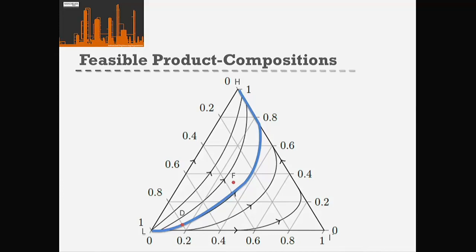And we can also say our bottom product must also lie on a straight line that passes from the distillate through the feed. So where that straight line meets that residue curve, we can define our bottom product. So that very simply allows us to draw our distillation column, and if we have a specification for the distillate, we can quite quickly find the composition of the bottom product.